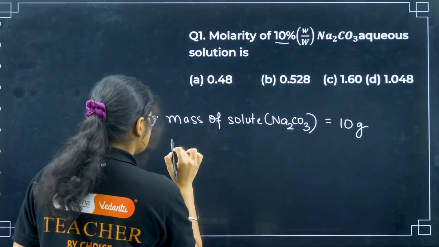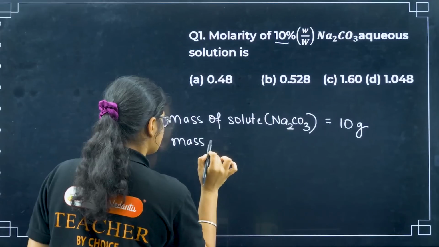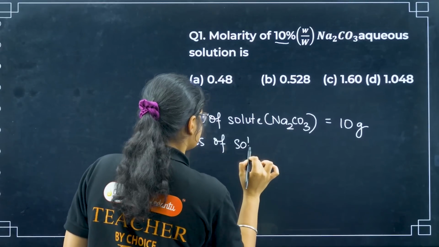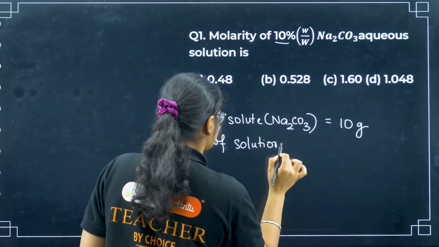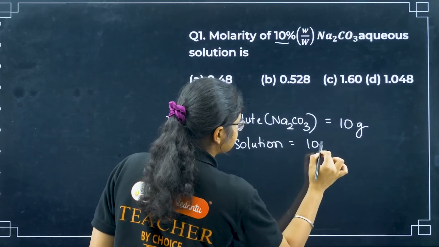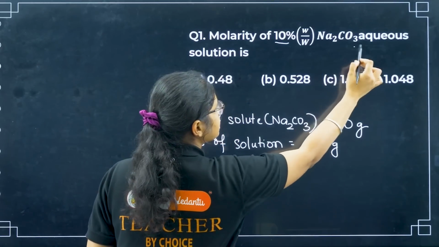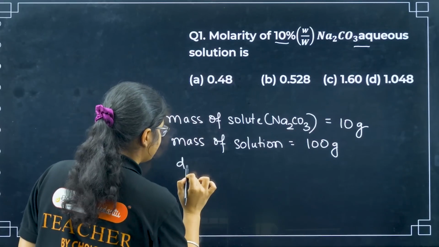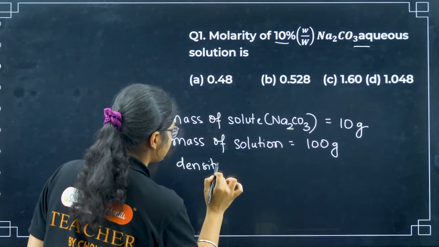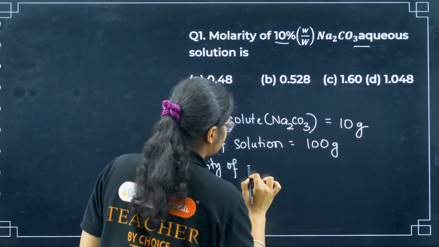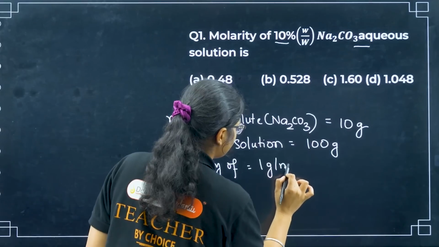The mass of the solution is 100 grams. It is an aqueous solution, so the density of the solution will be 1 gram per ml.